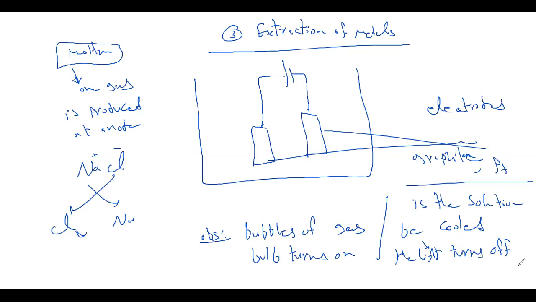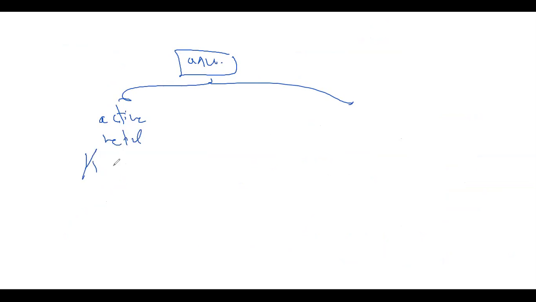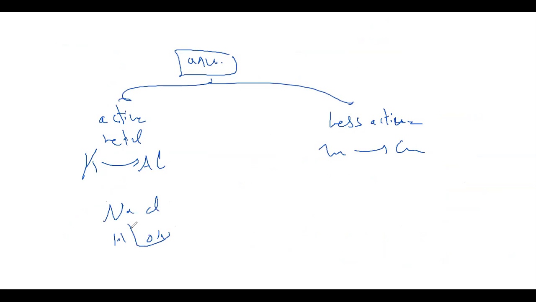In case of aqueous, if we have an active metal from K to Al, and if we have a less active metal from Zn to Cu. In case of active metal, like NaCl, water H and OH, it will be H and Cl.